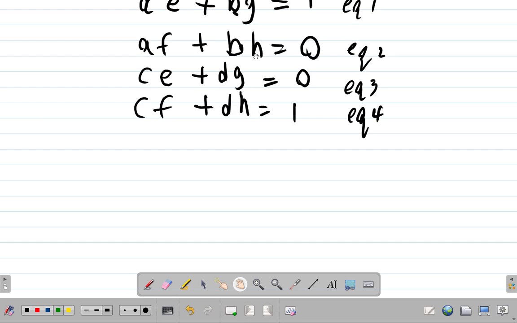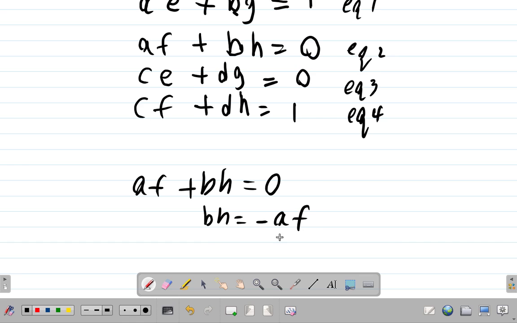Suppose we transpose each to make H the subject. In equation 2, what we have is AF plus BH equals 0. Subtract AF from both sides, we have BH is equal to negative AF.